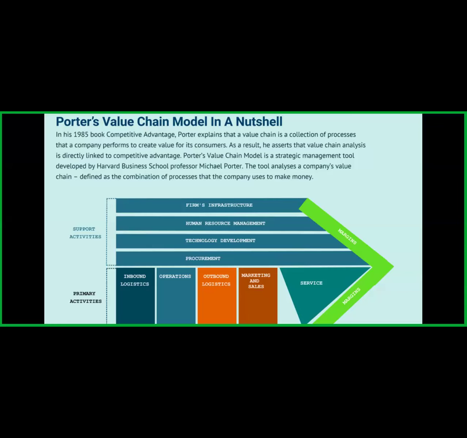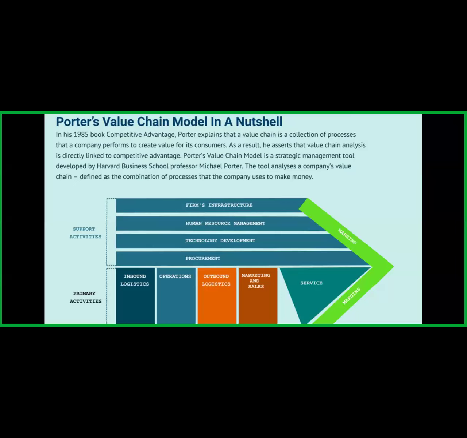Now, the next one is operations. Everyone is aware of the meaning of operations. It means how you are manufacturing, what kind of processes the organization is using for manufacturing the product. That will be included under operations.